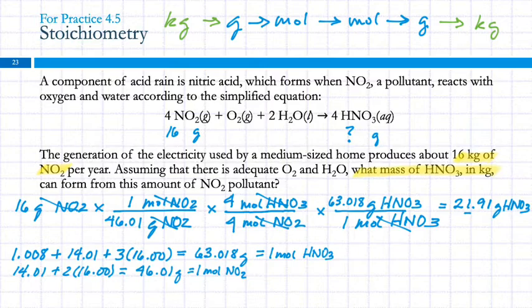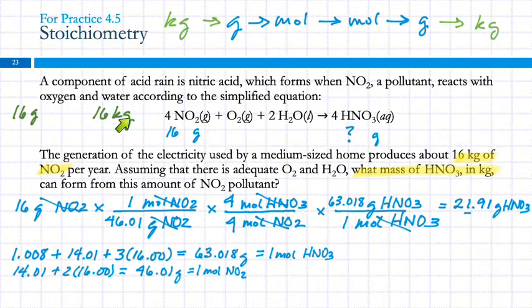So now, what about the kilogram? So if I started with 16 grams, how do I get to 16 kilograms? Well, I really can't convert. I mean, 16 grams is a different amount than 16 kilograms, right?